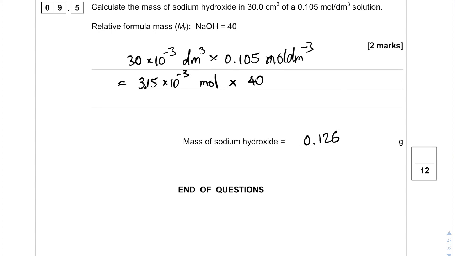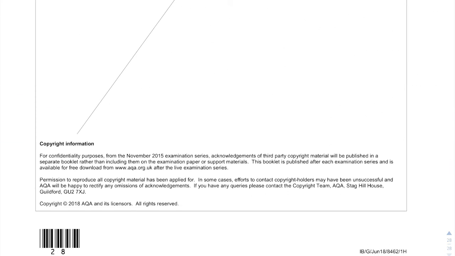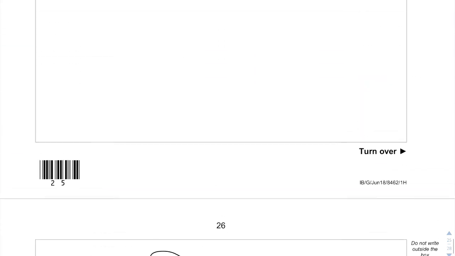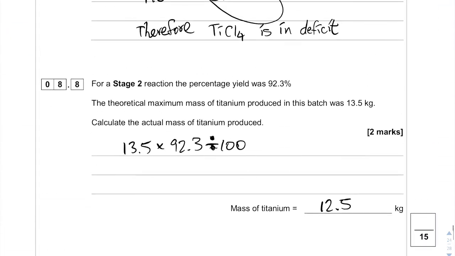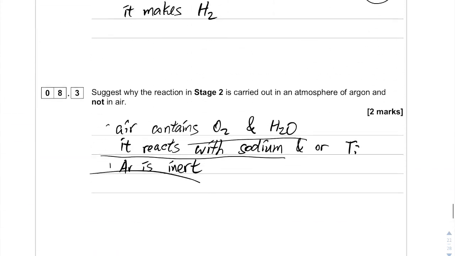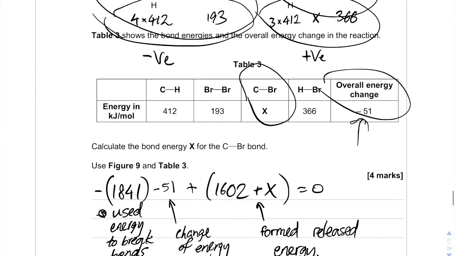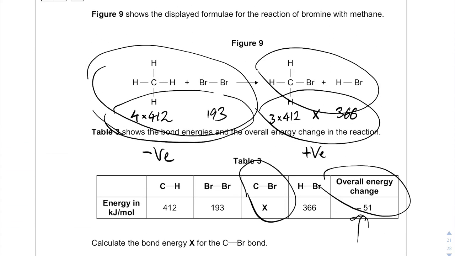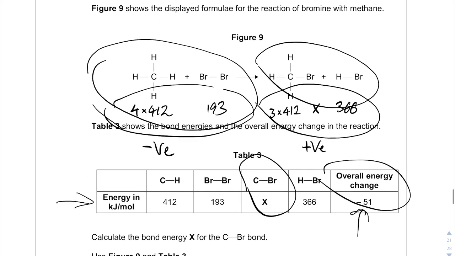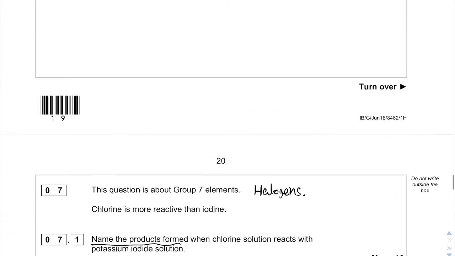So yeah, this is it for this paper. It's not the hardest paper, but some of these longer questions do take a bit of thought, and I think the more challenging ones would be to be able to use bond strength or bond energy to calculate the unknown bond enthalpy, which again it's still within reach.